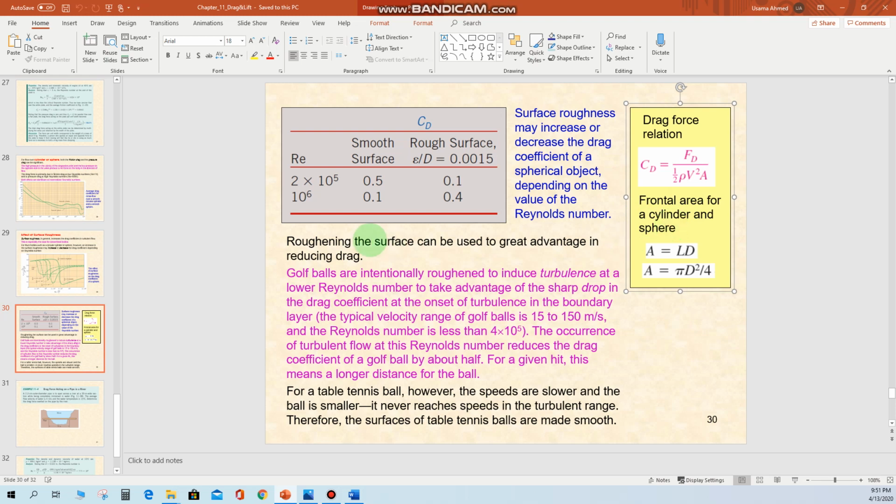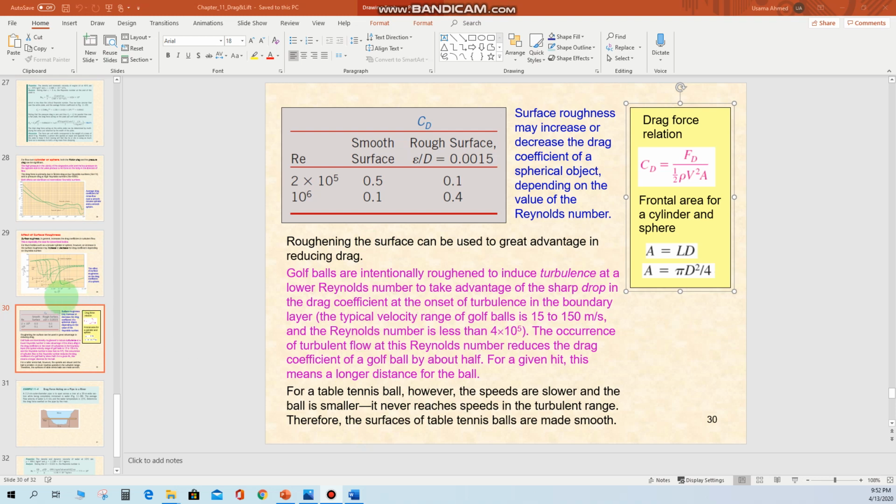Now the dimples on the golf ball are intentionally designed to induce turbulence at low Reynolds numbers, to take advantage of the sharp drop in the drag coefficient on the onset of turbulence in the boundary layer. The occurrence of turbulent flow at this Reynolds number reduces the drag coefficient of the golf ball by about half for a given hit. So here is the explanation for the golf ball again.